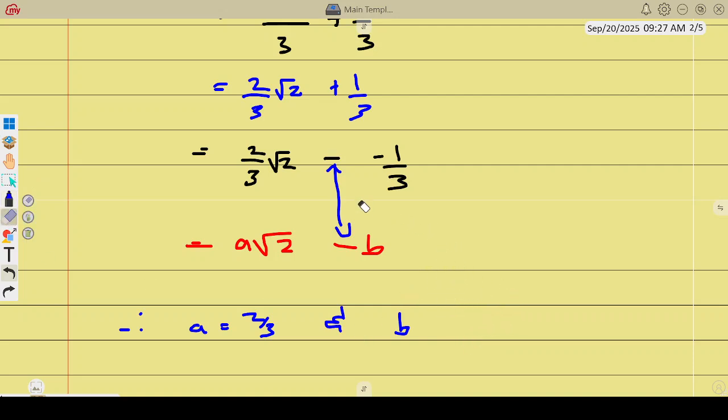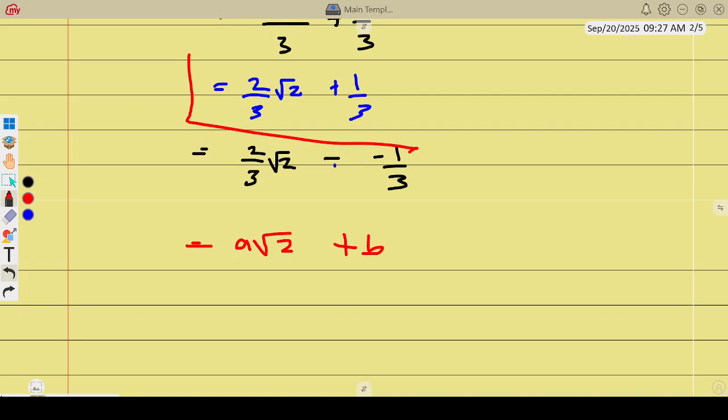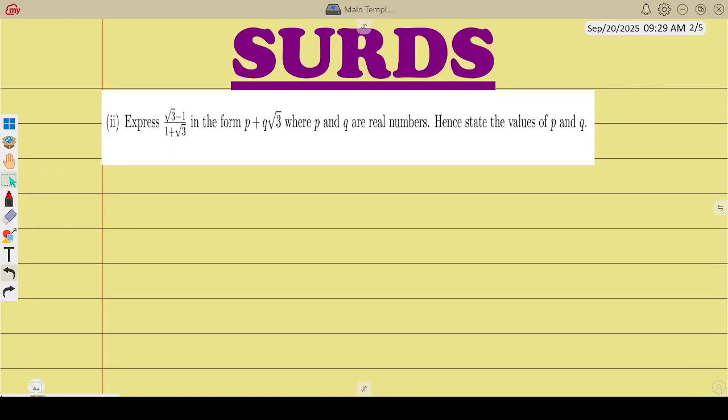So if the question said we write it in the form, let's say root A root 2 plus B, we could have just ended right here, because we have a plus. But since we didn't have a plus, we had to think of something. So minus and minus. Yeah, so let's do some more examples.